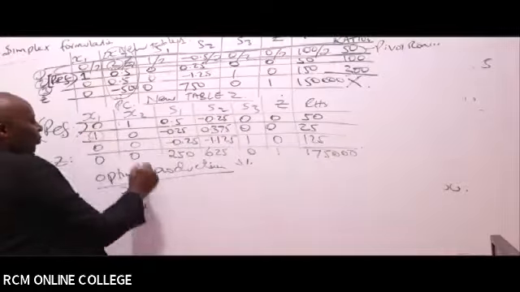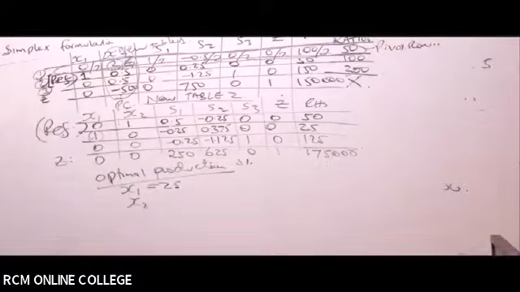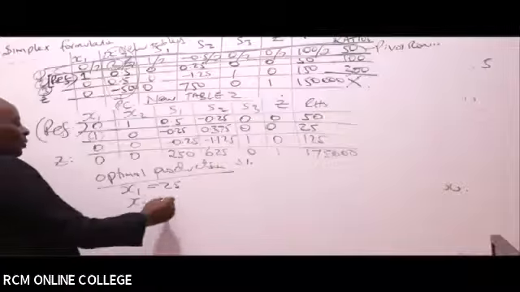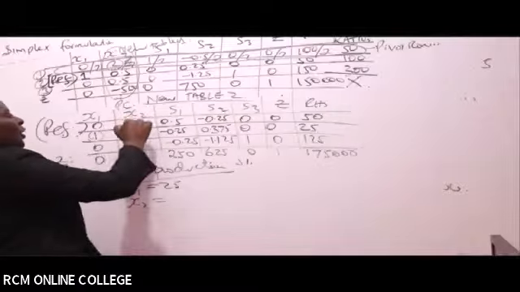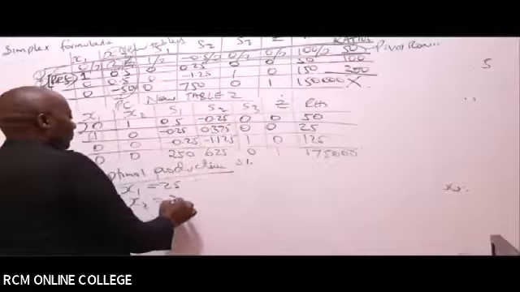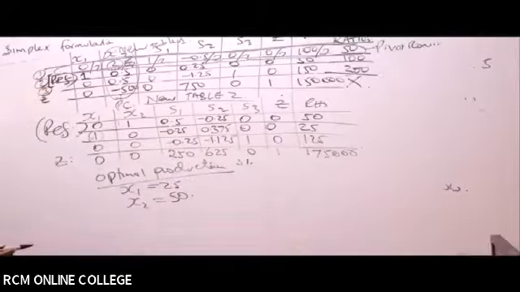So basically X1, we produce 25. X1 will produce 25 units. How about X2? X2 shall produce how many units? X2, you work with this 150. That is really, really important.